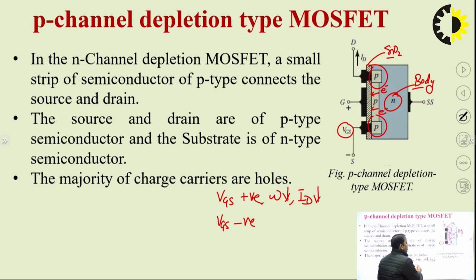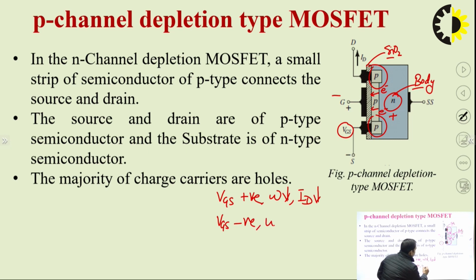Whereas when VGS is negative, what will happen? It will attract the minority charge carriers, holes, which are present inside the body or substrate. Due to which the concentration of holes in the channel increases, and as the concentration increases in the channel, it strengthens the current, ID increases.